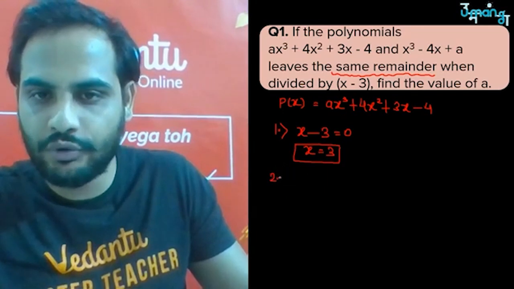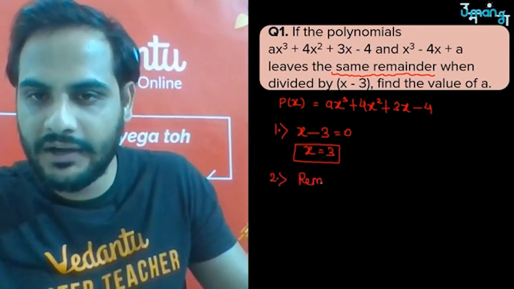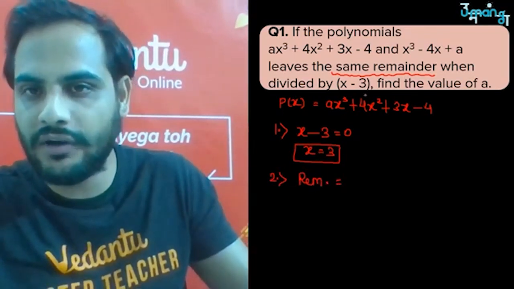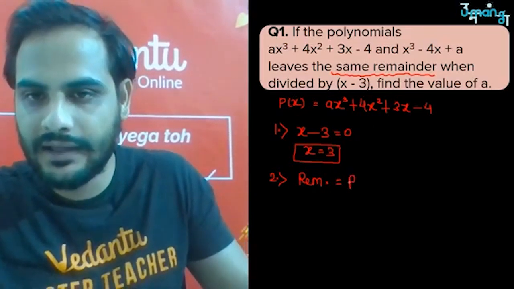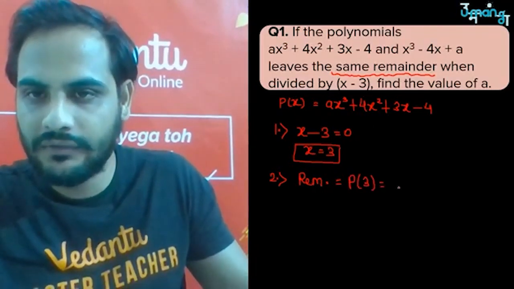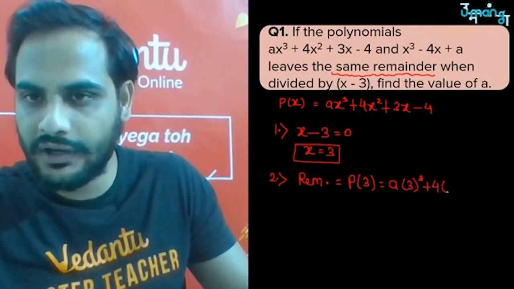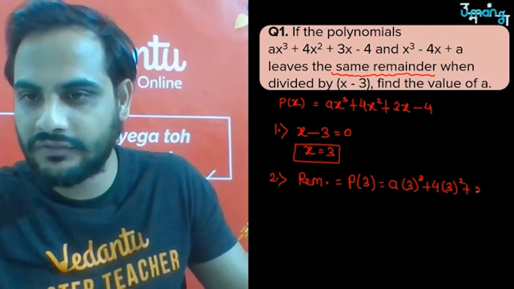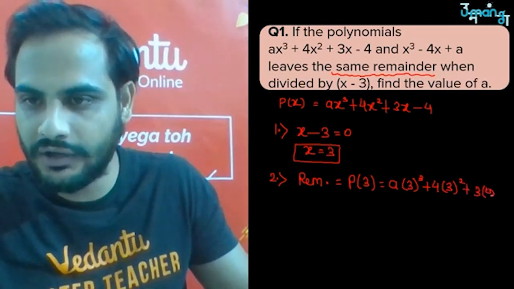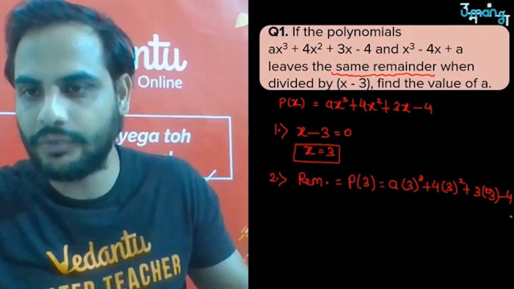Then step 2, the remainder will be equal to the value of this dividend at x is equal to 3, which is a into 3 cube plus 4 into 3 square plus 3 into 3 minus 4.